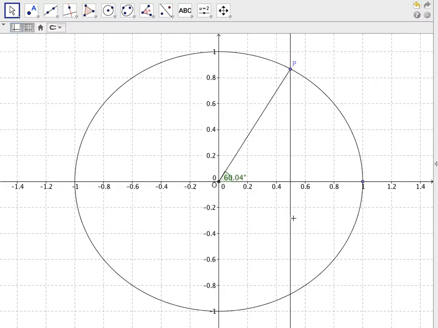Pause the video here and answer question 8. Use that same idea from your answers to numbers 6 and 7. I want you to determine the exact coordinates for P now that the angle is 60 degrees. Hit play when you're ready to continue.